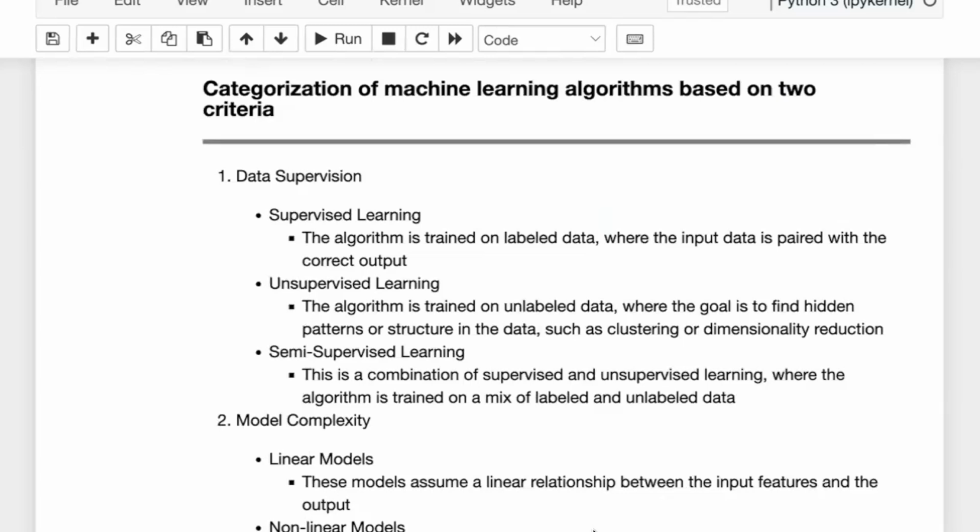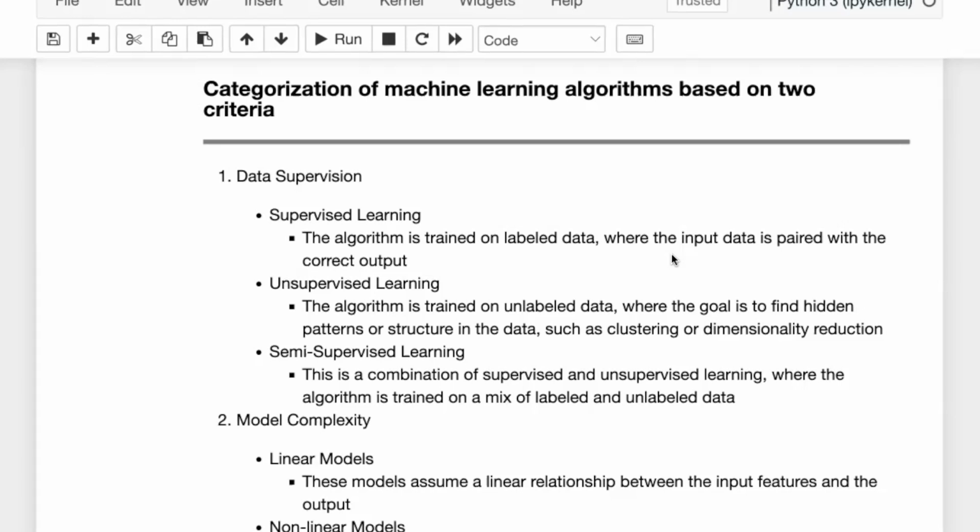Okay, so let's talk about categorization of machine learning algorithms based on two criteria. One is based on data supervision, which refers to the data labeling process. Supervised learning algorithms are trained on labeled data, which means that each input data is paired with a corresponding output or label, right?